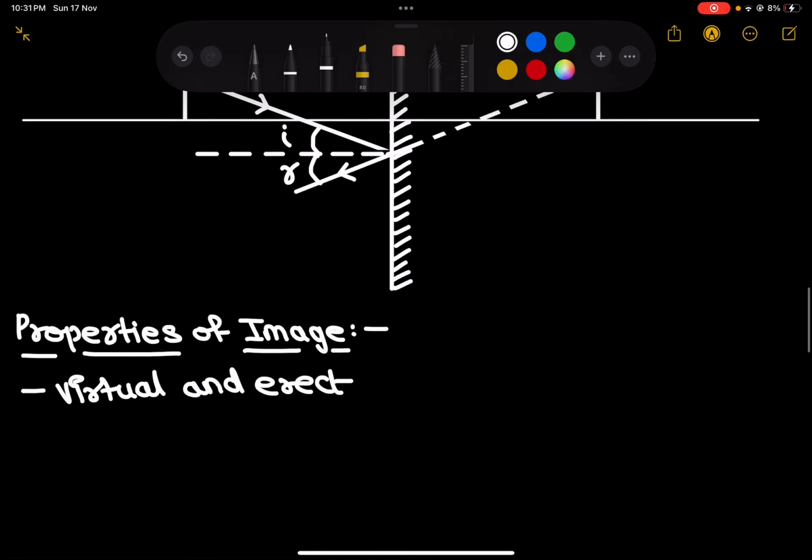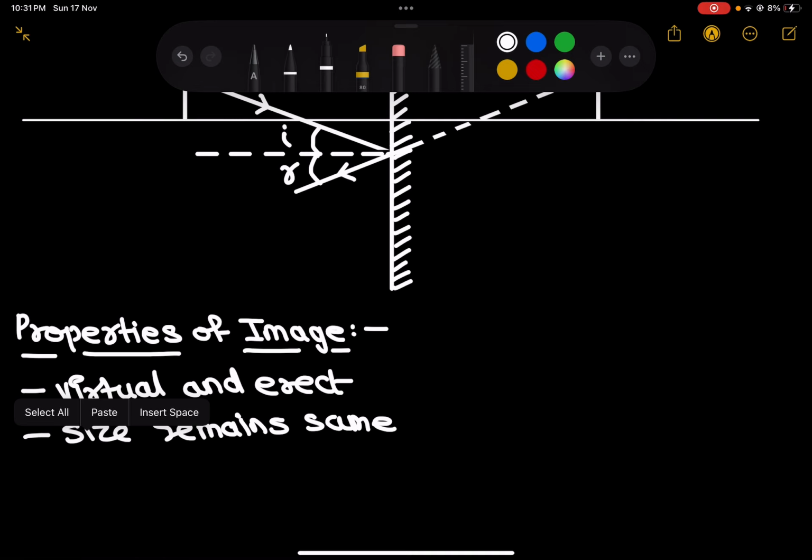The second part is that the size of the image is the same. Size remains same. So your size and the image size is same when you stand in front of a plane mirror. The image formed is as far behind. So the distance of the image from the mirror is the same as the distance of the object.